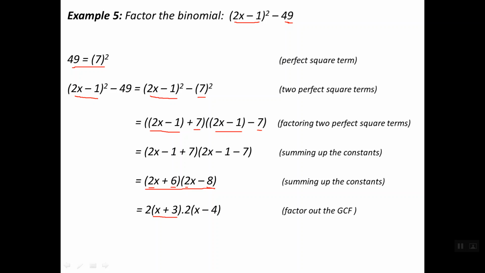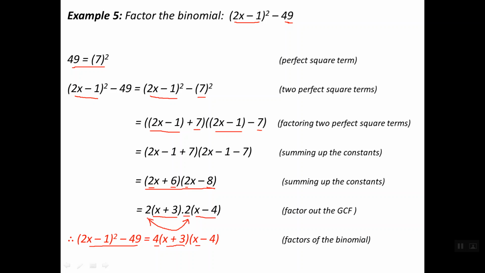And for the second term, if we move the 2 outside, the remaining is x minus 4. So now we can multiply the 2 by 2, and we have 4. So the binomial becomes 4 multiplied by x plus 3 multiplied by x minus 4.